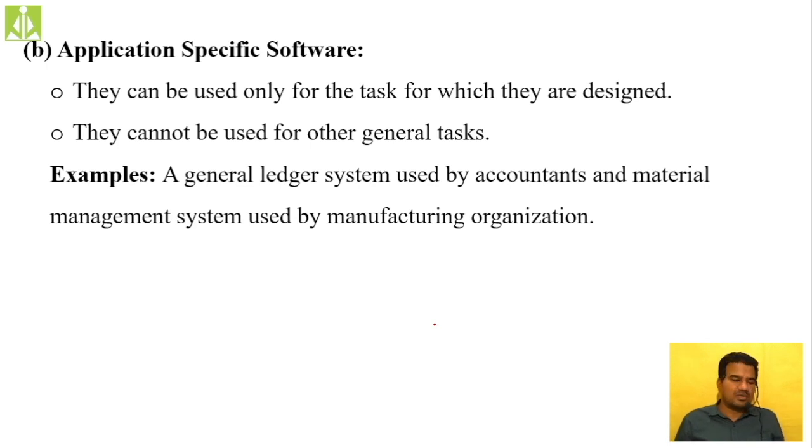They simply input the barcode and the quantity, and accordingly the software will calculate the final bill, isn't it? So the material management software that general store people have is again application specific software. We can use it only to manage the materials, we cannot use it for any other purpose.